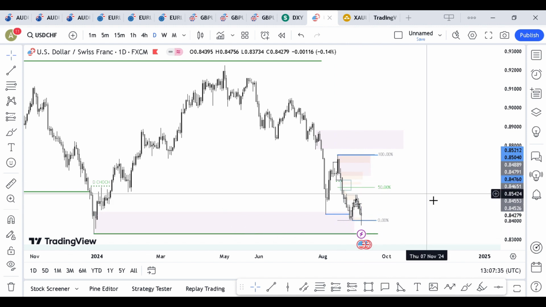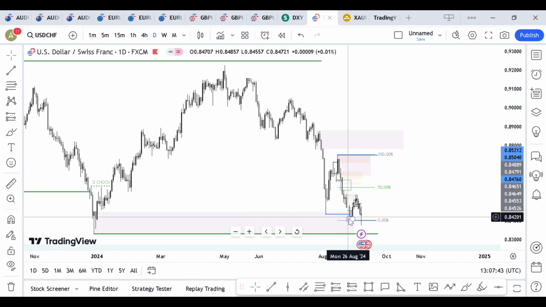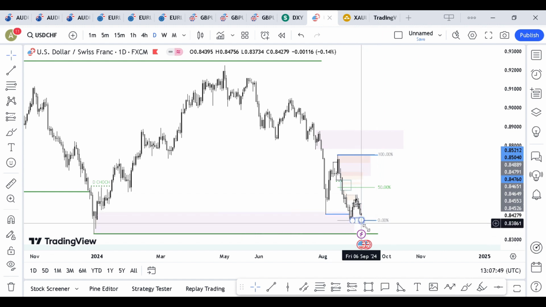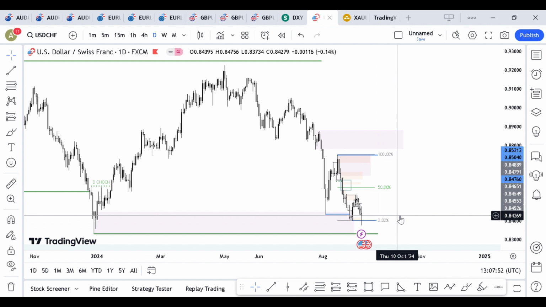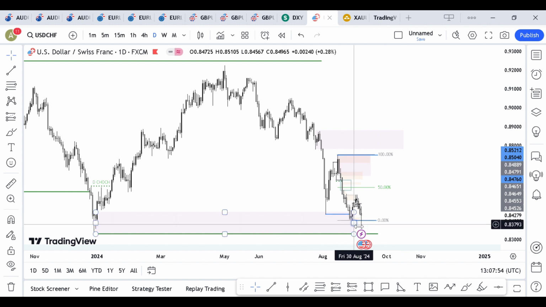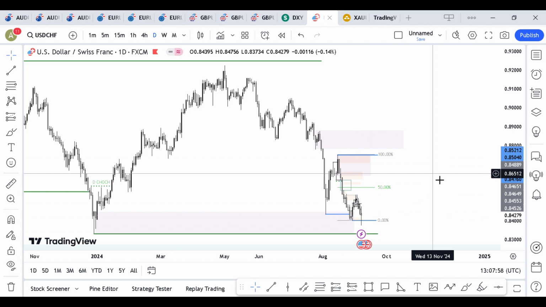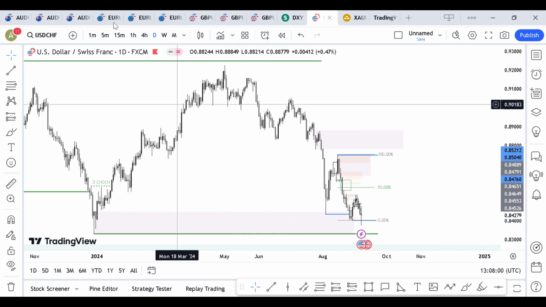One thing I'd love to say is every time price touches the edge, I still anticipate price to go lower, the way it did here with these few candles, these double bottoms before this wick. I expect it to go deeper into that POI before reversing or giving us some reactions.